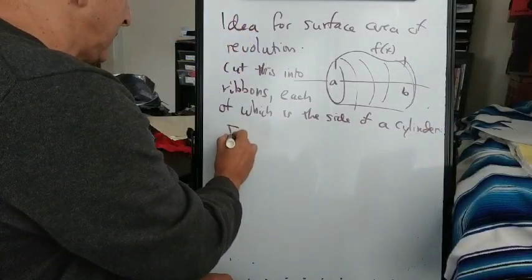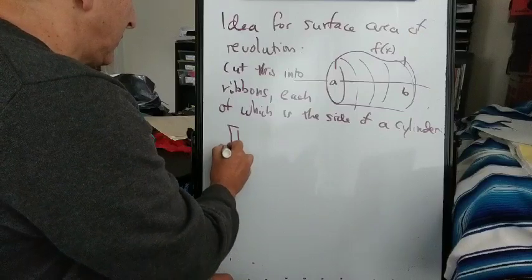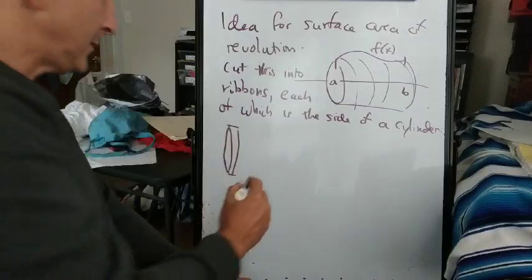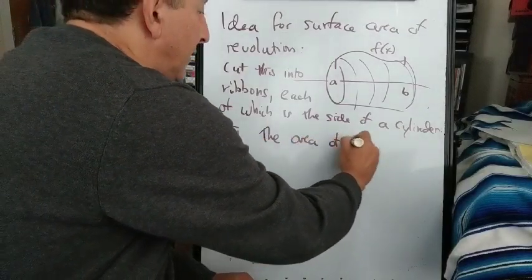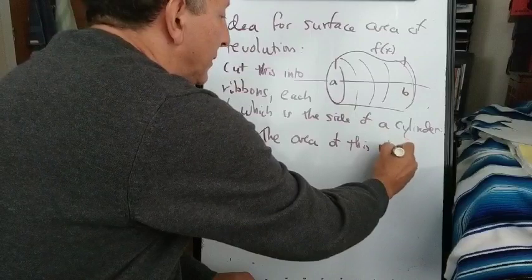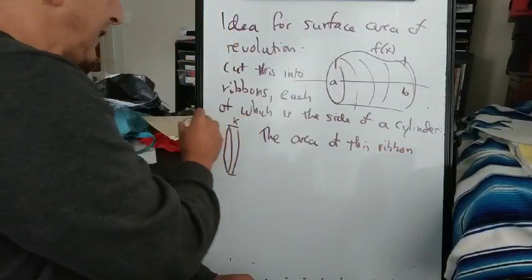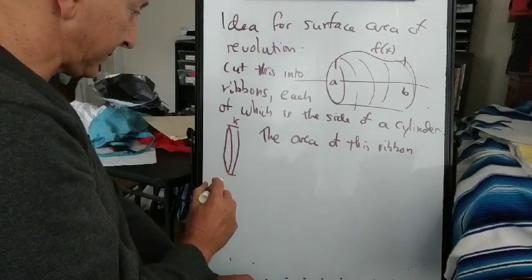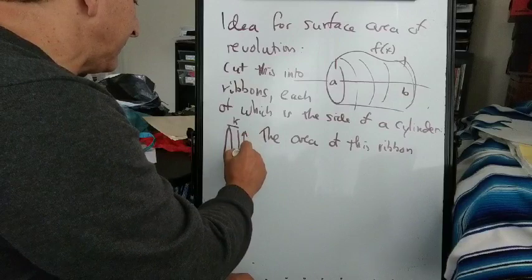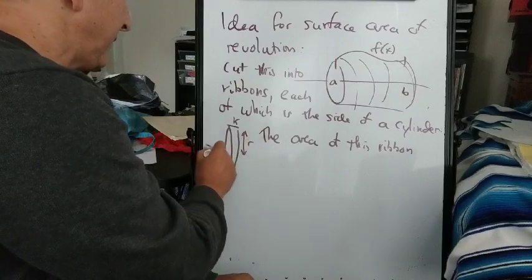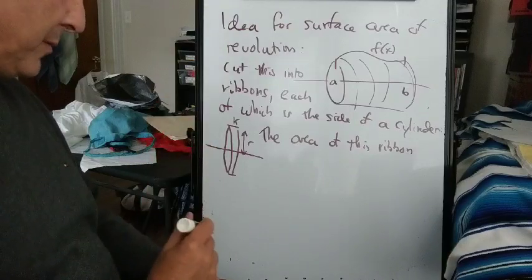We've got this thin strip going around. And the area of this ribbon, let's say it's got length k up here, and let's say this is a radius r, about the line that we're rotating it about.